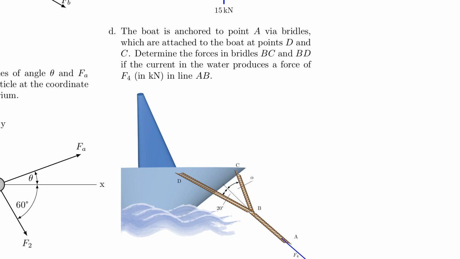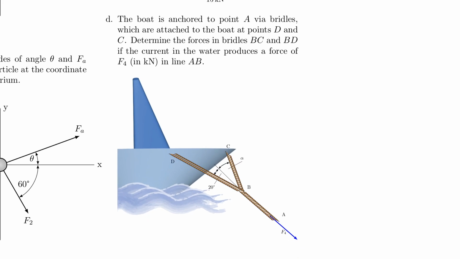And therefore, you can calculate what the forces are in BC and BD. And please understand that this is actually a planar system. So don't get confused by this seemingly 3D picture, right? Obviously it's attached to the boat in different locations and somewhere random in space. However, A, B, C, and D are all acting in the same plane. So you can definitely solve this problem.